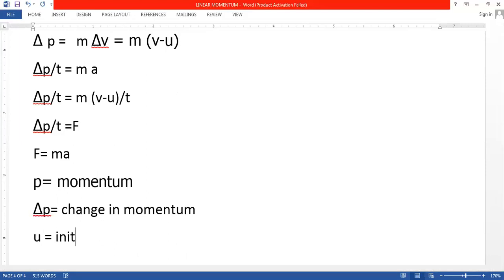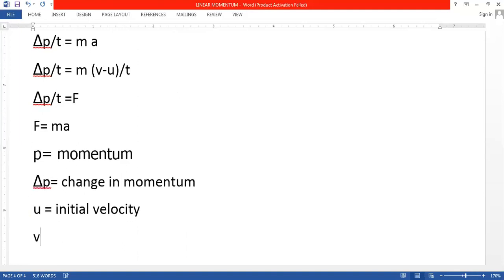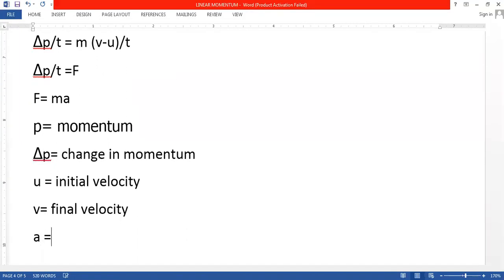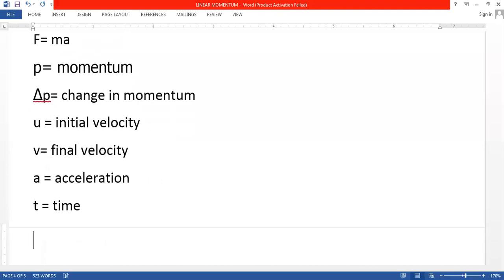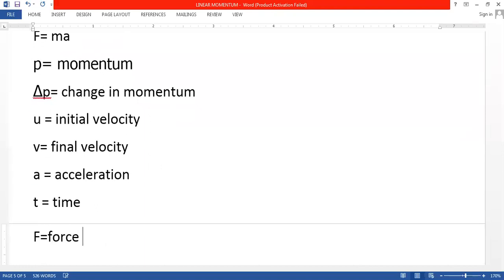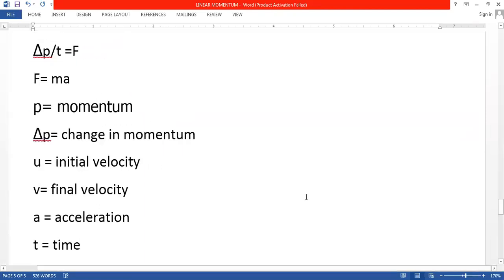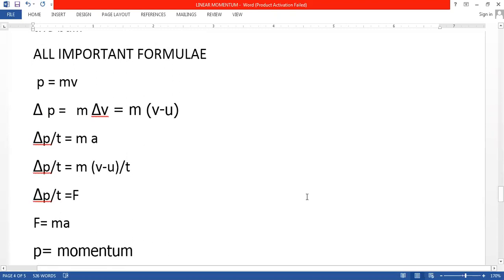Very good. What is V? Final velocity. What is A? Acceleration. What is T? Time. What is F? Force. Clear? So remember these formulas, beta. Please write down all these formulas.